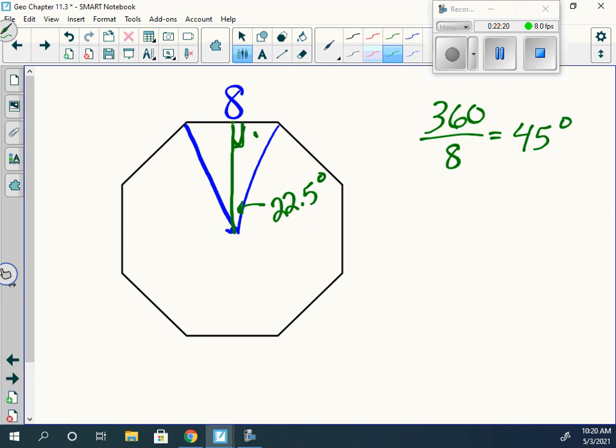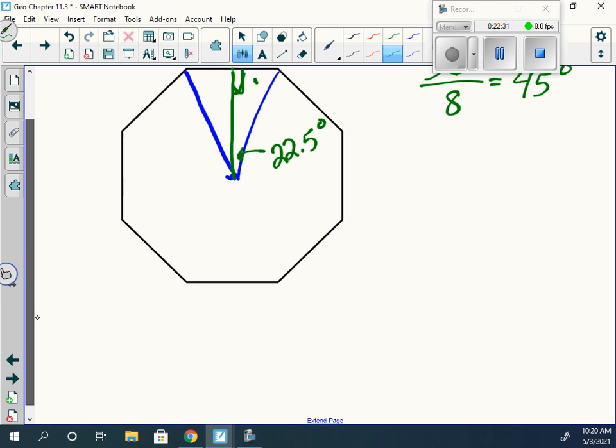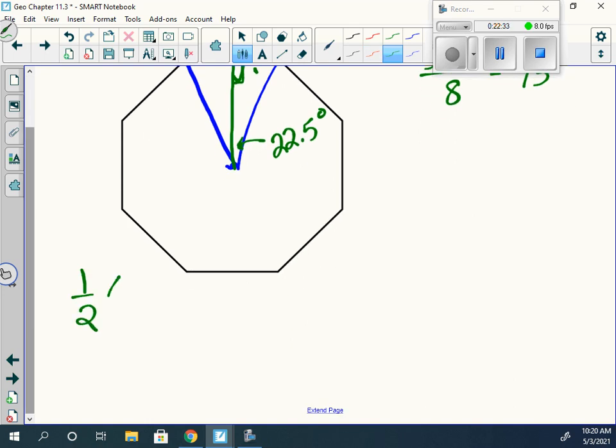Because really what I'm using this for is to find the apothem. If I can find the apothem, then we can finish out the formula. So far for our area formula, 1/2 times the apothem, which we don't know, times the side length times the number of sides. We have almost everything. We just need that apothem.